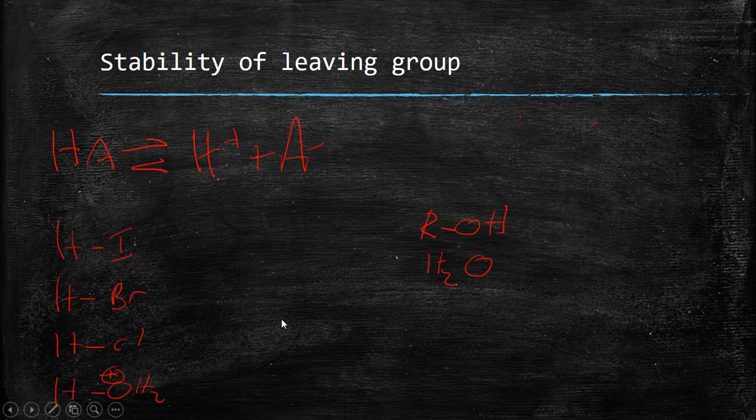Moving on. The next factor which influences which pathway is taken is the stability of the leaving group. Now, a more stable leaving group will favor both reaction pathways, because in both the SN1 and SN2 mechanisms, we have to get rid of the leaving group, and that's why it's called the leaving group.